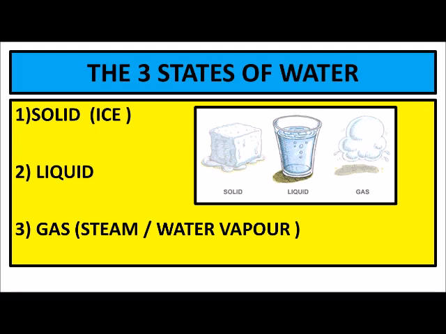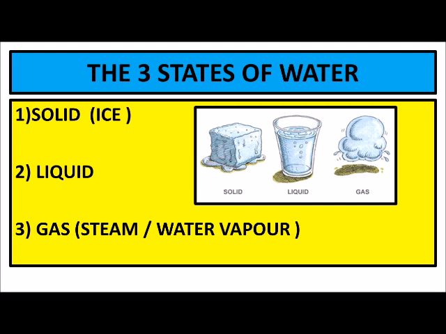Now, the three states of water are solid, liquid and gas. Solid form is the ice form and liquid form is the water we drink, and the third form, that is gas, is the steam or water vapor form.